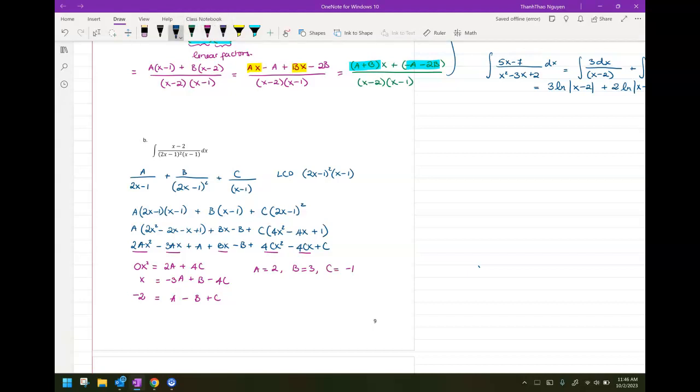I can then rewrite my integral as the integral of 2 over 2x minus 1 dx plus 3 over 2x minus 1 squared dx plus negative 1 over x minus 1 dx.